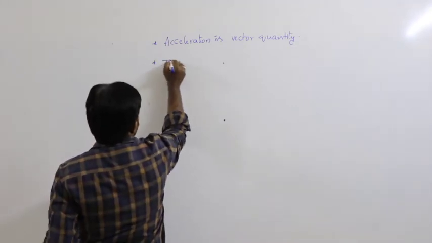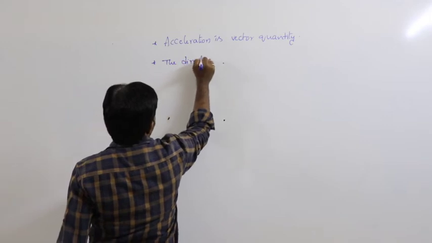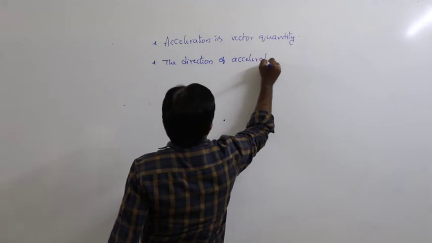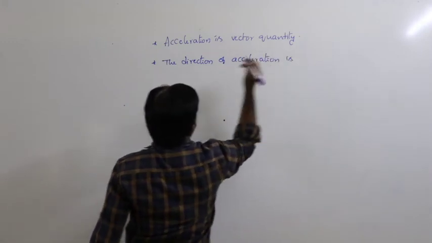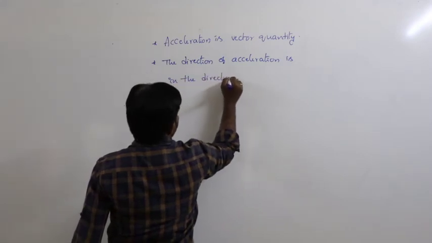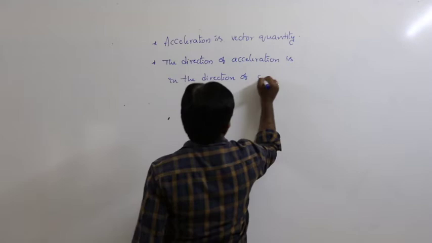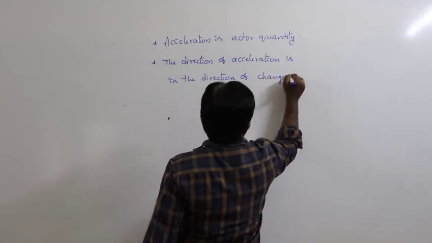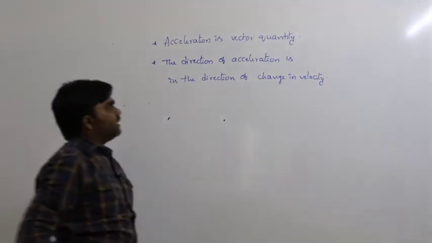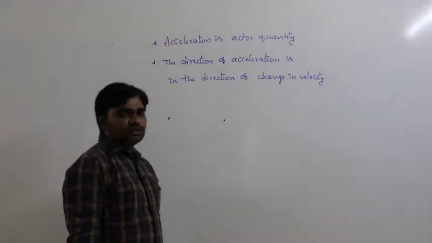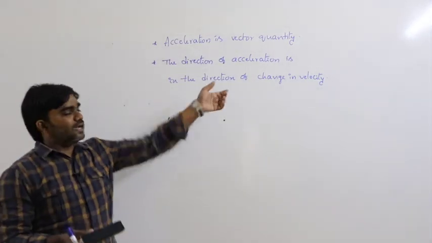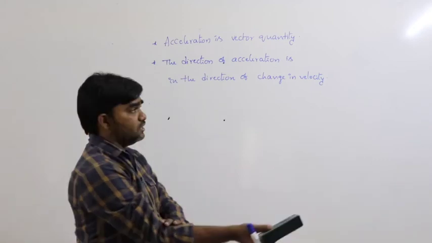So the direction of acceleration is in the direction of change in velocity. The direction of acceleration is in the direction of change in velocity. In whichever direction the velocity changes, in that direction the acceleration exists. That is the direction of acceleration.